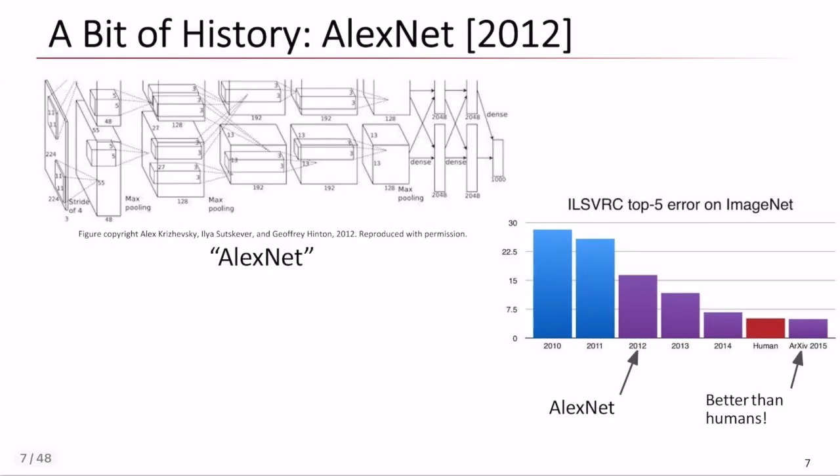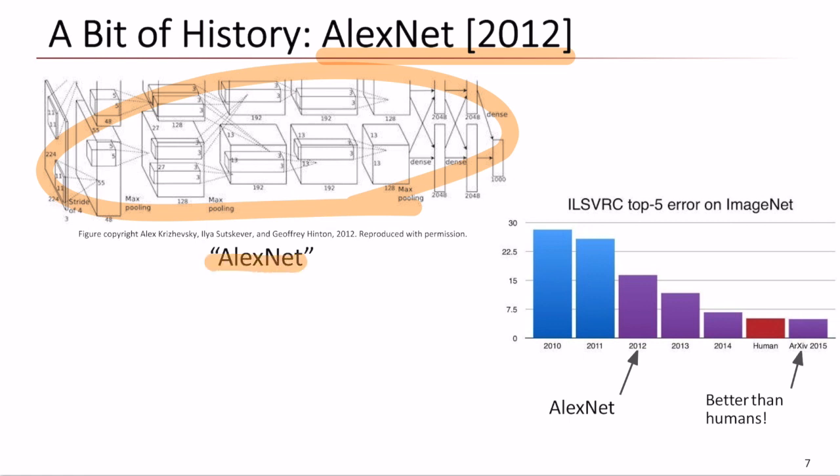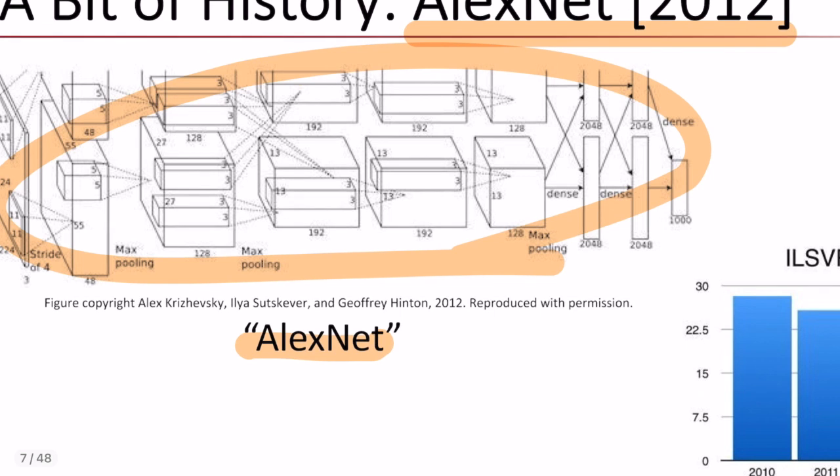But the real starting point of modern deep neural networks and deep learning was AlexNet, which is a pure convolutional neural network based architecture. It looks like this. In lecture 7, we'll talk about the detailed architecture of AlexNet, but AlexNet consists of convolutional processing like this.